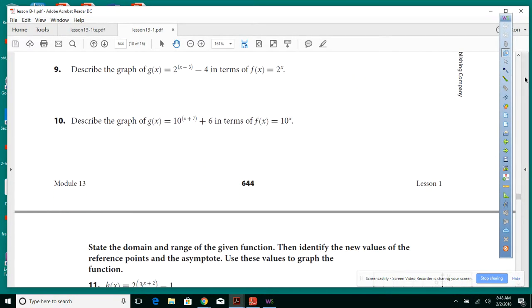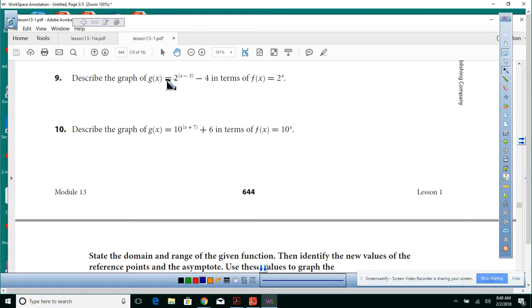Number 9. Describe the graph of g of x equals 2 to the x minus 3, minus 4, in terms of f of x. So let's see. h equals 3, so we're going to have a horizontal translation right 3 units.